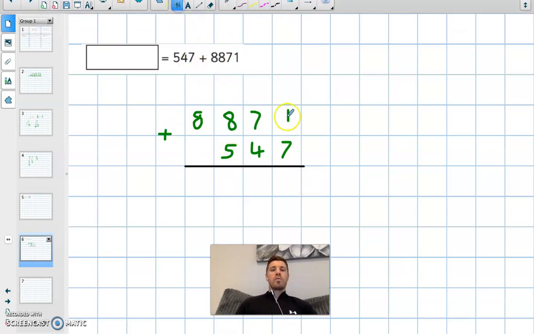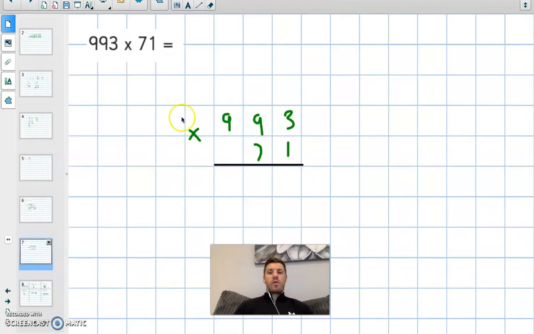So starting from the smallest digit, adding them together, 1 plus 7 is 8, 7 plus 4 is 11, carry the 1 over, 8 plus 5 is 13, plus the 1 is 14, carry the 1 over, and then 8 plus 1 is 9, so 9,418 is your answer.